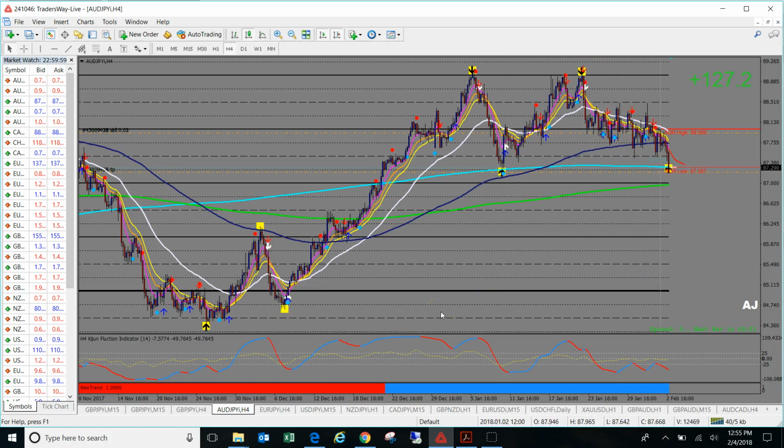All right, so that's it. There you have it again. If you're unsure of where you should take profit using this Agimat system, use these quarter points. They are very helpful.